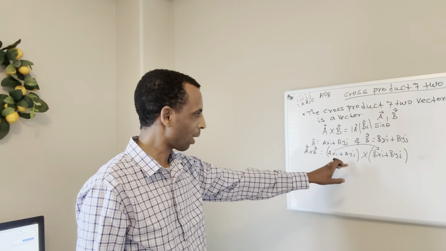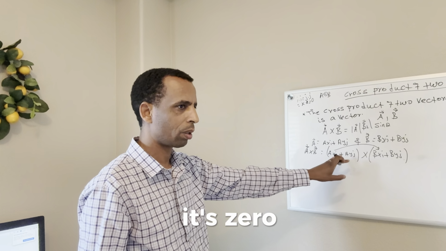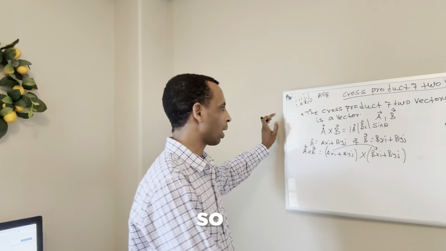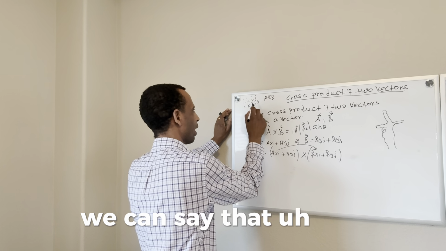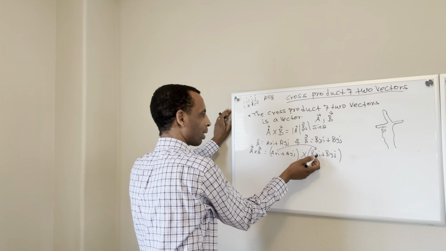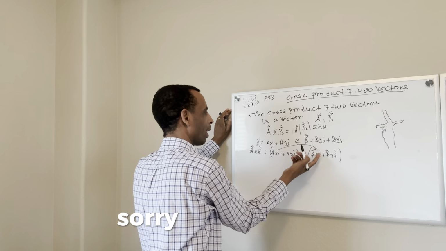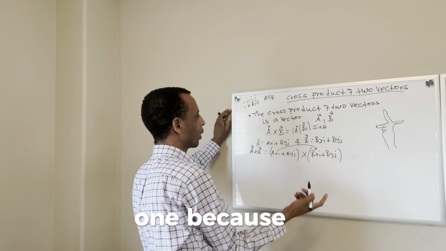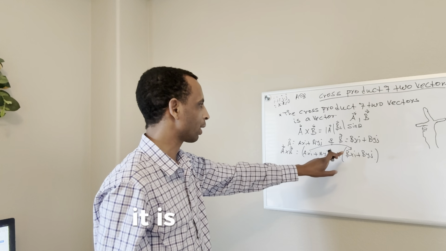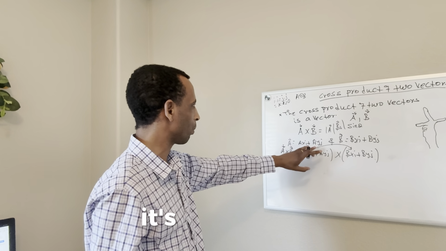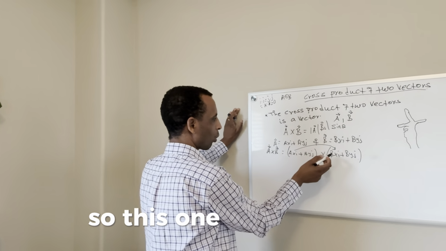It's 0, because sine theta, and the angle between i and i is zero, since they are parallel. So i cross i is 0.